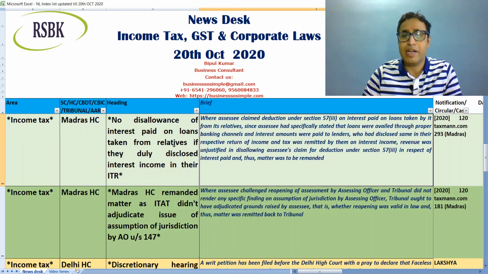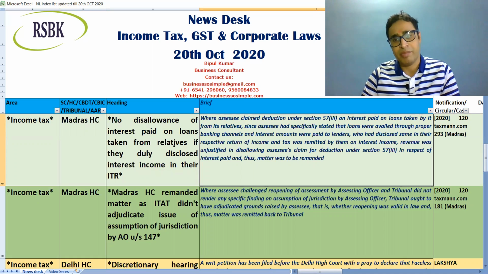Where the assessee claimed deduction under section 57(iii) on interest paid on the loans taken by it from its relatives, since the assessee had specifically stated that loans were availed through proper banking channel and interest amounts were paid to lenders who had disclosed them in their respective returns of income, and tax was remitted by them on interest income, the revenue was unjustified in disallowing the assessee's claim for deduction under section 57(iii) in respect of interest paid, and thus the matter was to be remanded.